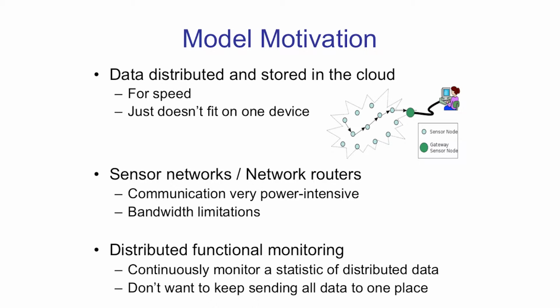There's this field, distributed functional monitoring, developed by several people in this room, where the coordinator wants to continuously monitor a statistic of distributed data, and you don't want it to be the case that every time data is changing on one of these players, you inform the coordinator of this change. This would require a lot of communication. And if you prove lower bounds in this number in hand model for the static case, then you get lower bounds for the dynamic case as well.